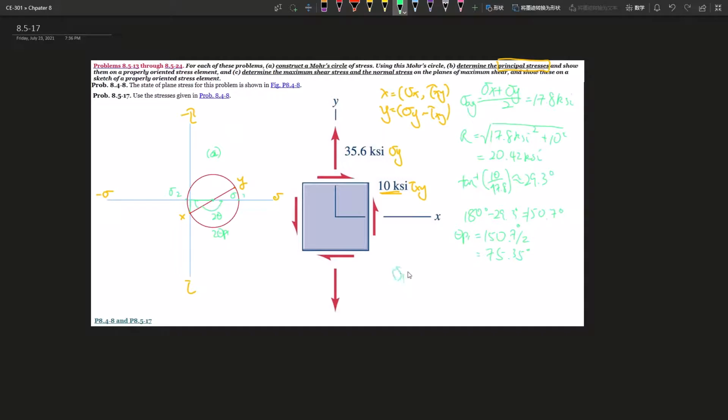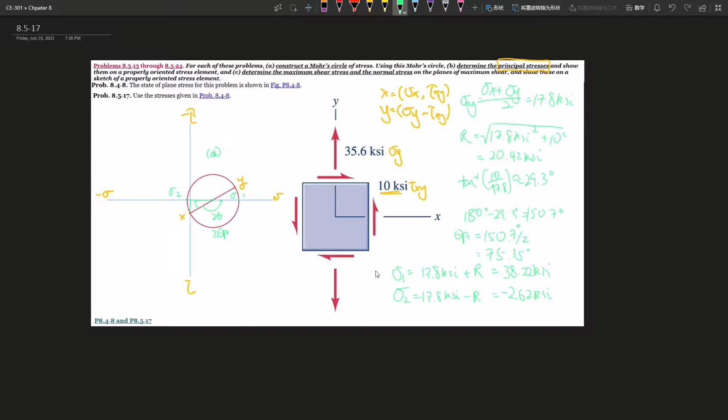Tensile stress 1 is just the center, which is 17.8 KSI plus R, and stress 2 is 17.8 KSI minus R, because from the center to the circumference is just a distance of R. This should give you about 13.22 KSI, and this is about negative 2.62 KSI. Okay, perfect. So we're done with B.